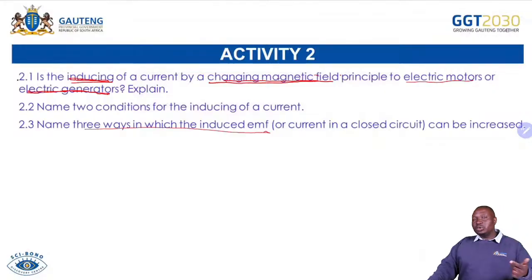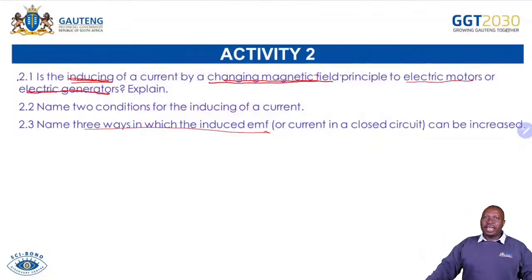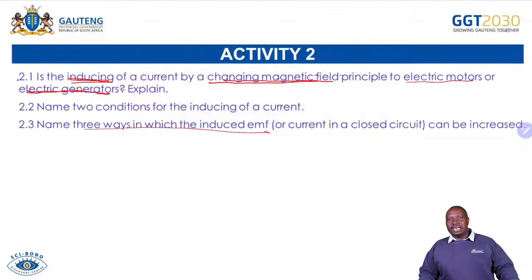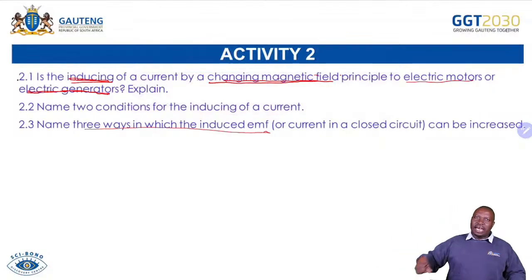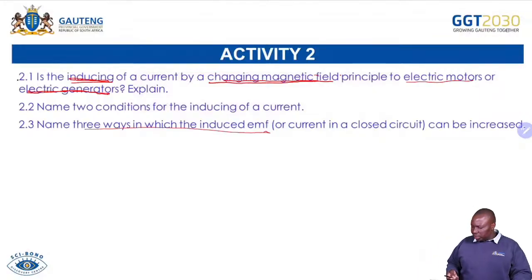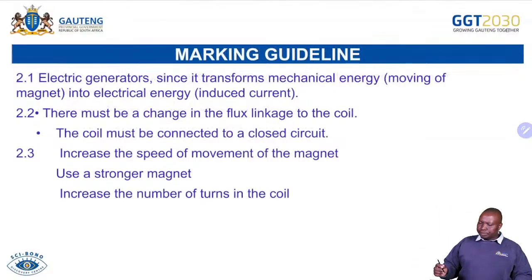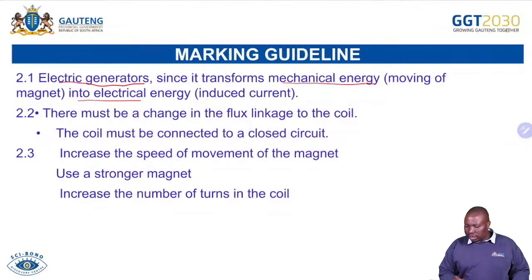Remember we talked about increasing the rotation, the use of stronger magnets, and the faster rotation of the coil between the magnets and all that. So you are able to refer to all those and get all your answers. So we are saying here it is an electrical generator, since it transforms mechanical energy to electrical energy.